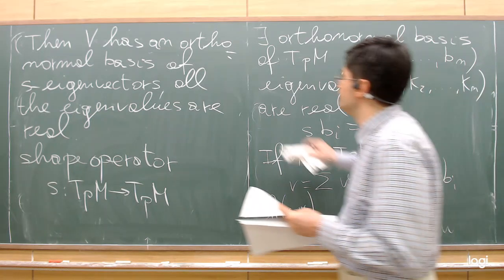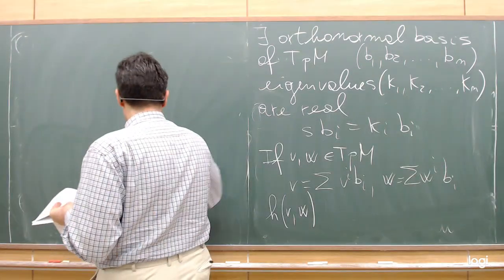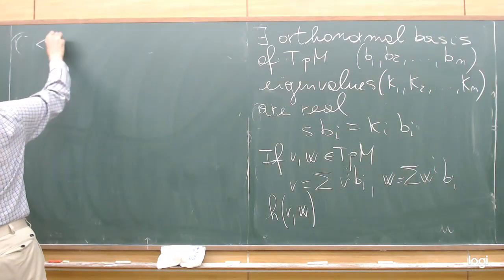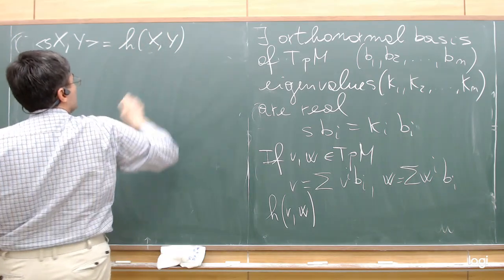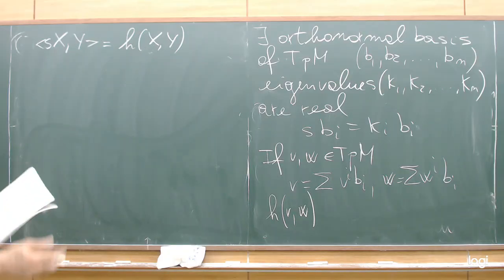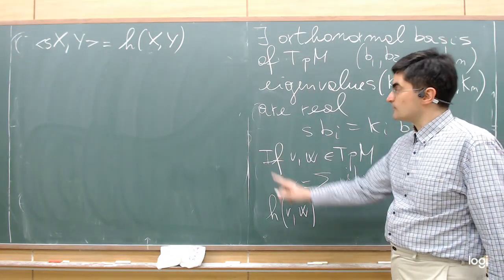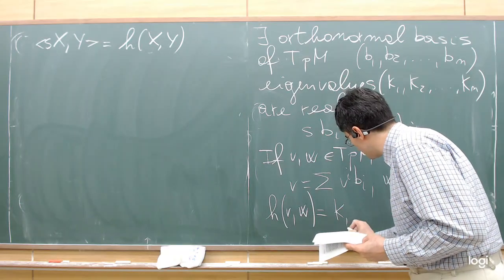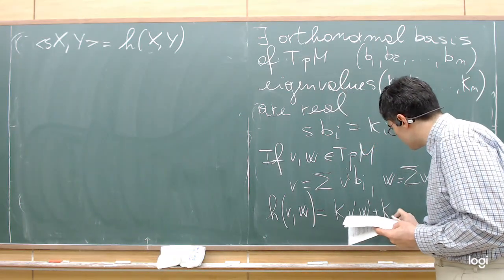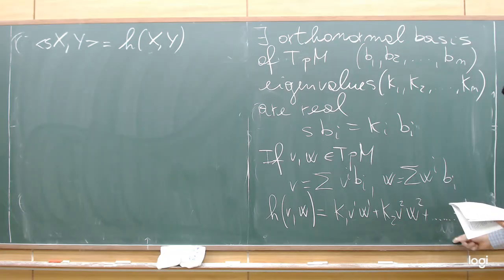Remember that S X, Y is H X, Y. So if you know that this is true, then from that formula you can find easily that H V, W is K1 V1 W1 plus K2 V2 W2 plus Kn Vn Wn.